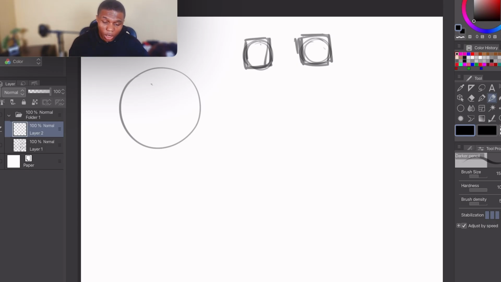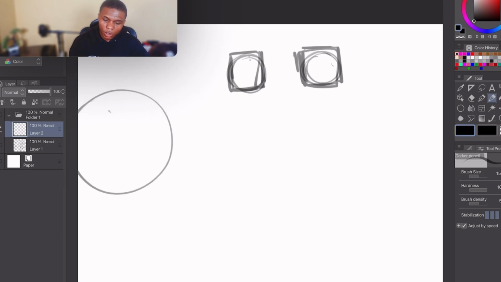It's actually held together by muscles, and it's in the socket. So the eyeball is going to sit like this.